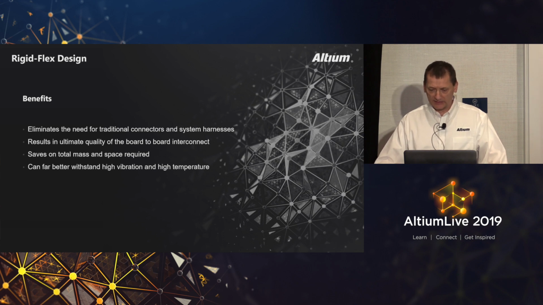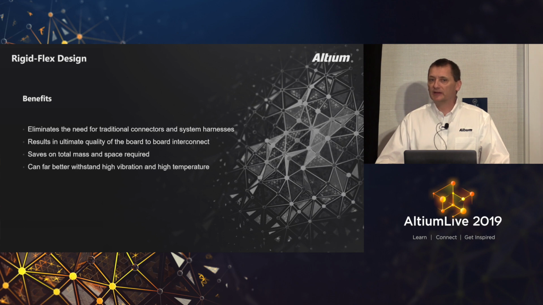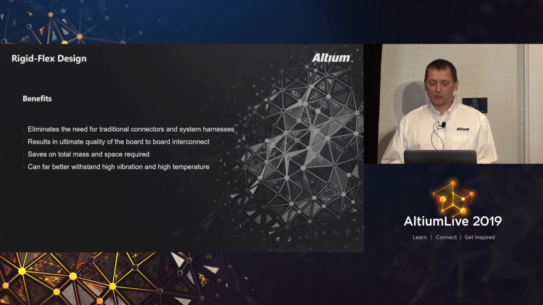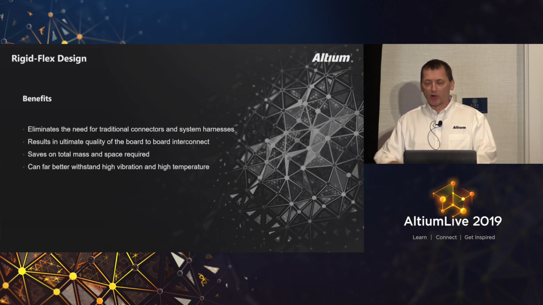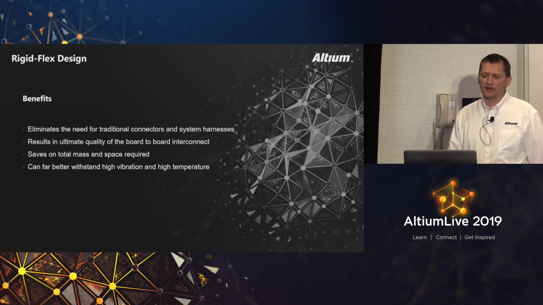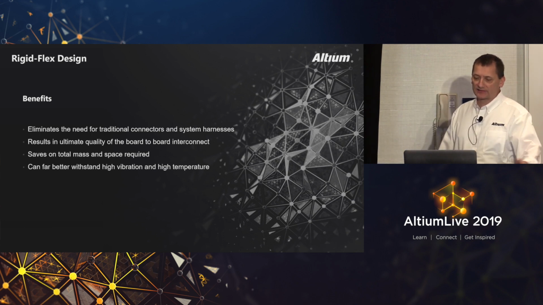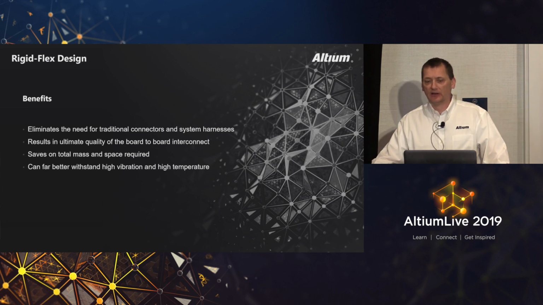You have the ability to improve your connectivity quality by not relying on physical connectors. You have something that runs actually through the actual board layers from one rigid board to another. So it's all one unit. This can save a lot of weight, mass, and space.